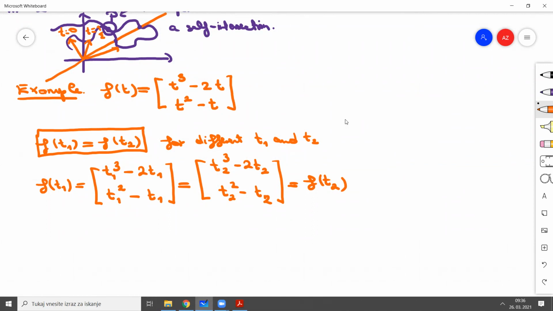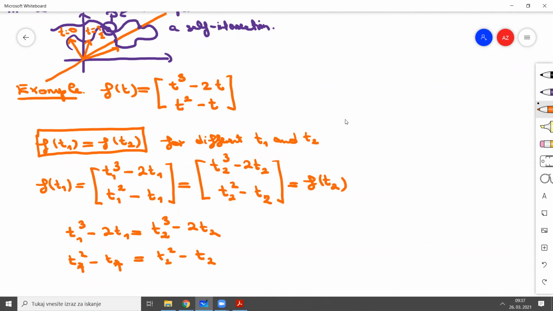So let's write this in a more convenient form for us. t1 cubed minus t1 is equal to 2t2 cubed minus 2t2, and then t2 squared minus t2 is equal to t1 squared minus t1.